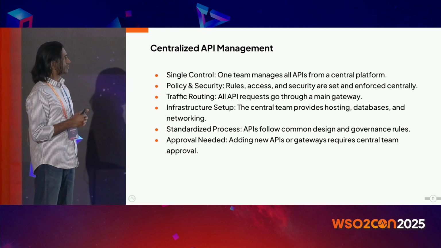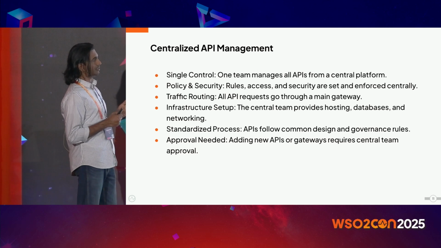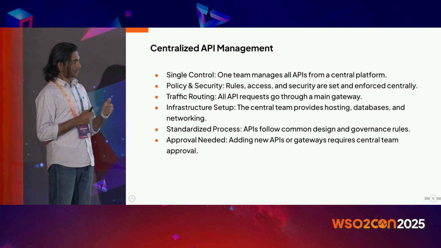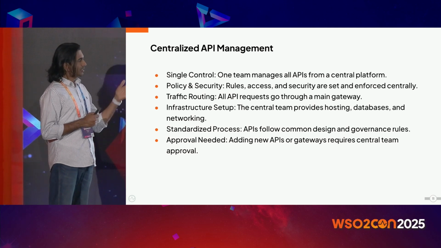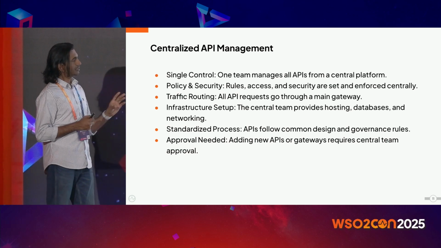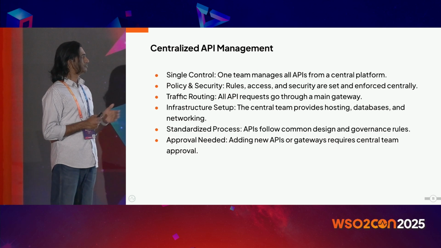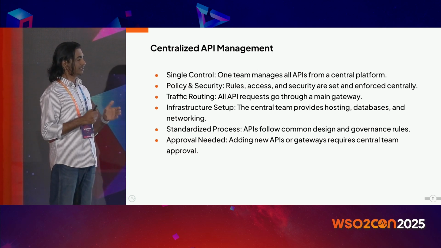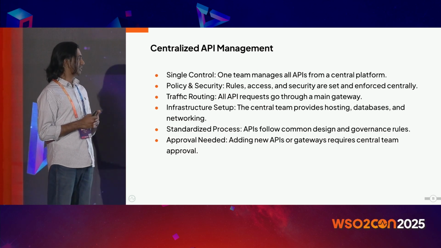When it comes to traffic routing, in most cases it's just one gateway, scaled for the TPS requirement, obviously, but it's mostly one gateway. And when it comes to infrastructure, this central team takes care of the hosting and management aspects as well. Standardization is very easy because governance rules and standardization all happen from the single team, so we get better control.